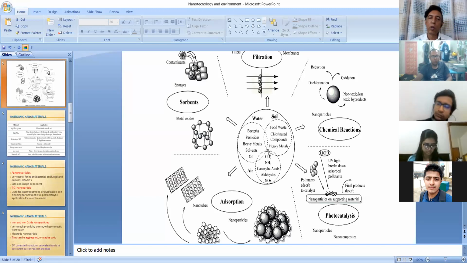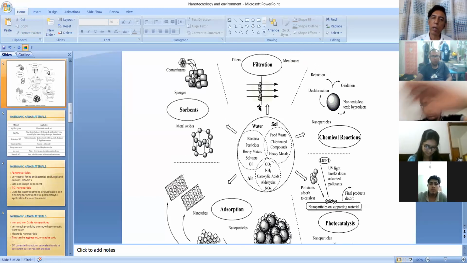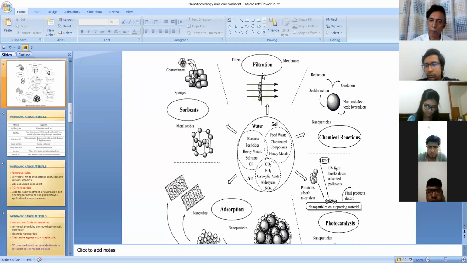Now, we can remove the contaminants or pollutants by means of filtration, by filters or different types of membranes, by use of sorbents. Sorbents means adsorbents that can adsorb the contaminating material.